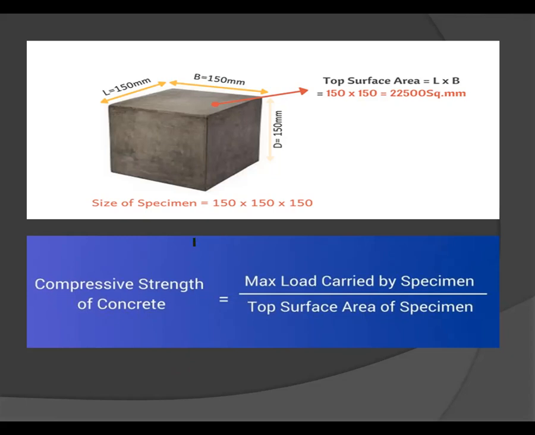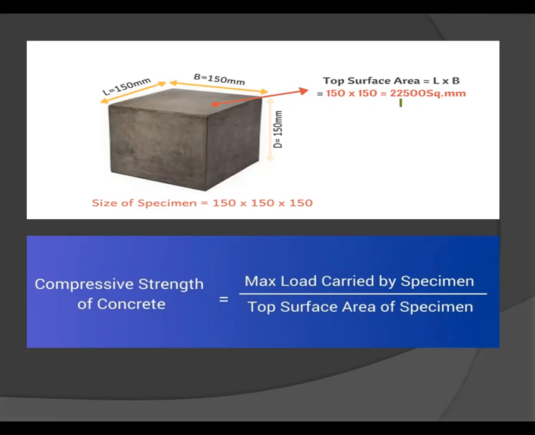For the top surface area of the specimen, for example, we take this 150 mm by 150 by 150 specimen. This is our specimen size: length is 150 mm, breadth is 150, and height is 150. The top surface area of the specimen is equal to length into breadth, that means 150 multiplied by 150, and this value is in mm square.